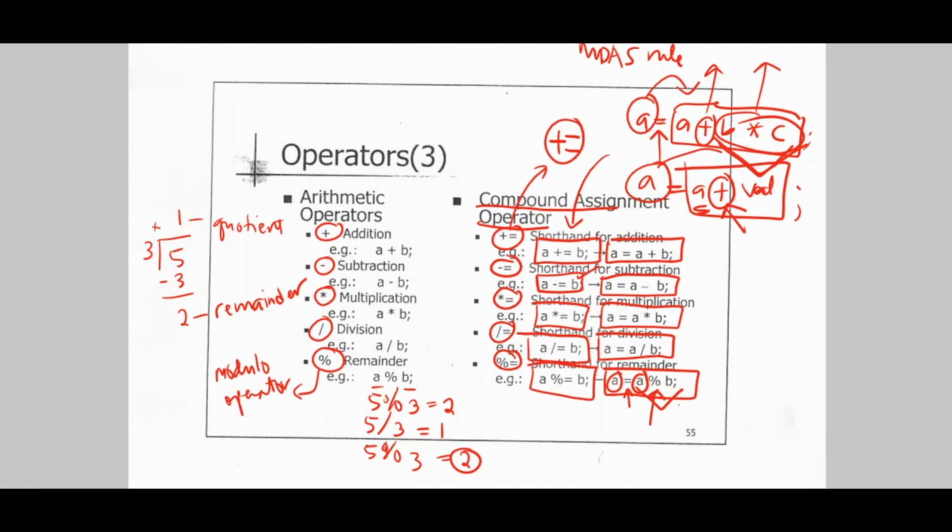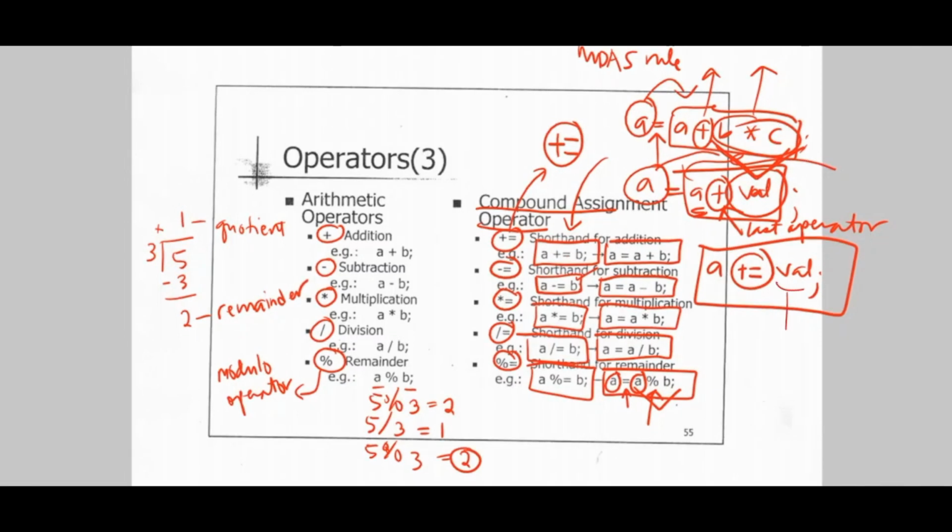So we could say A plus the assignment operator and then this one, val. Okay. So this is now using the compound assignment operator for addition, where addition is the last operator to be performed on the right side of the assignment statement.